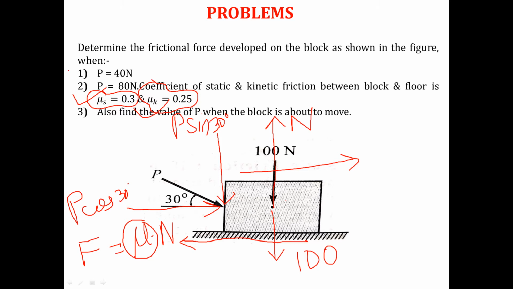Now let us solve the first case, when the value of P is 40 Newton. That means this horizontal component will be 40 cos 30 and this vertical component will be 40 sin 30.